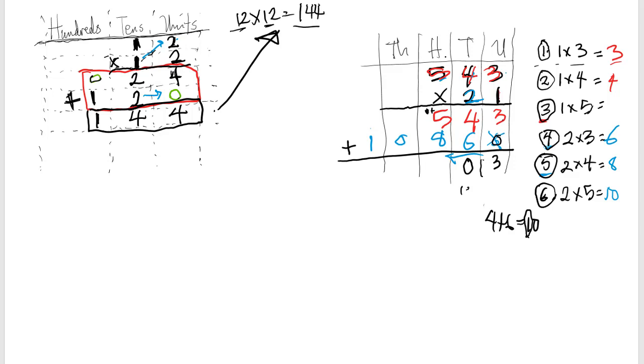It becomes 1 plus 5, which is 6. Then you add the 6 to 8, so 6 plus 8 is 14. You write down 4.